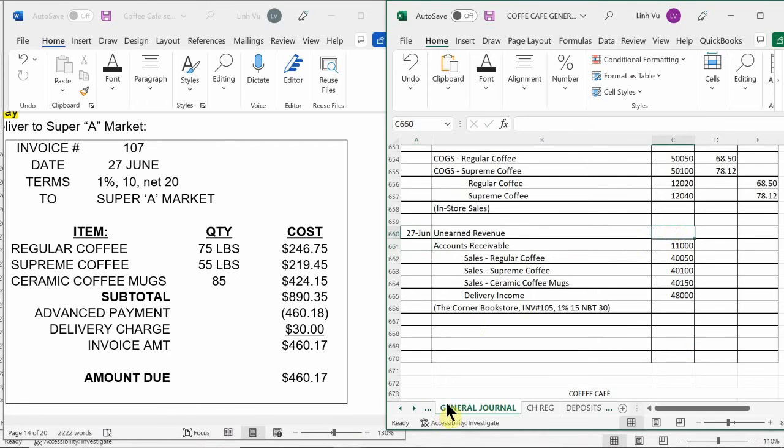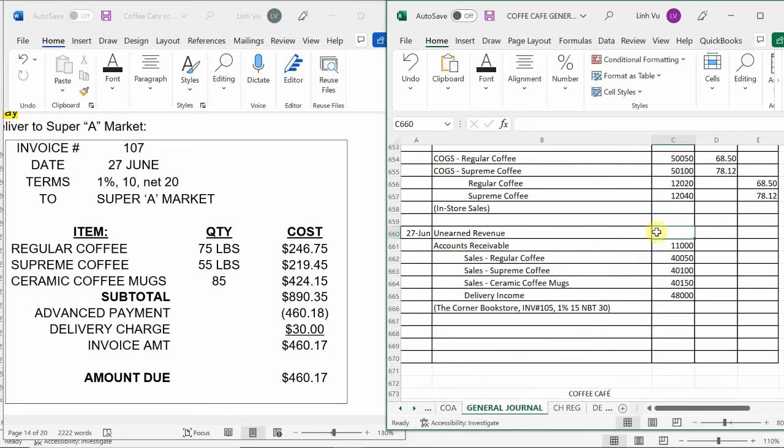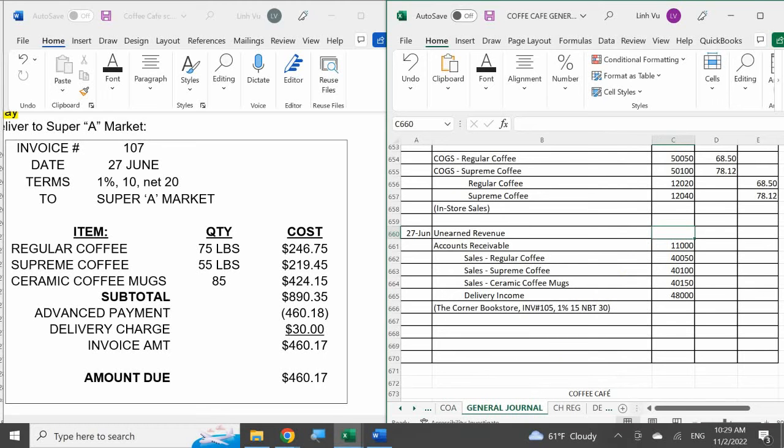For, let's see, what was that account number? Unearned revenues, 26,000. For the total amount of, what does it say on the invoice? 460.17. Okay, so that's how much they owe me.